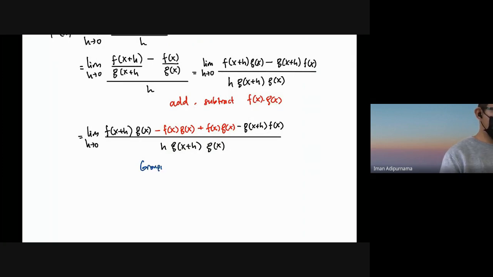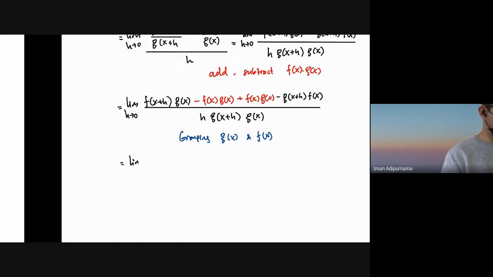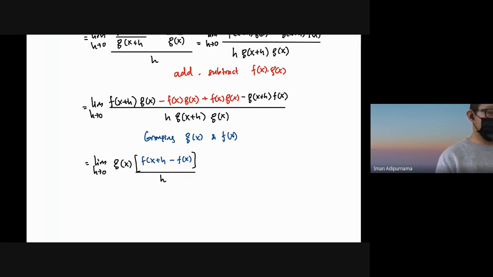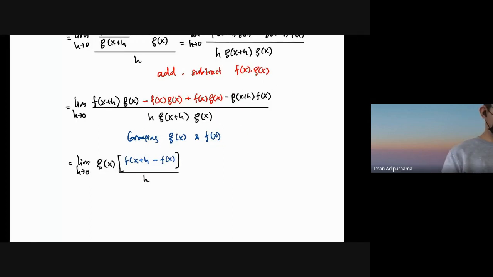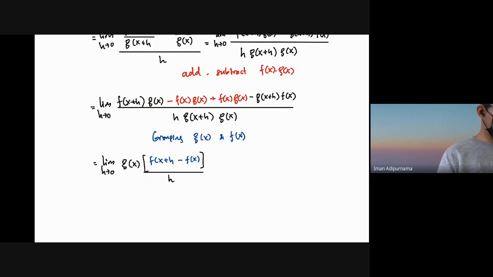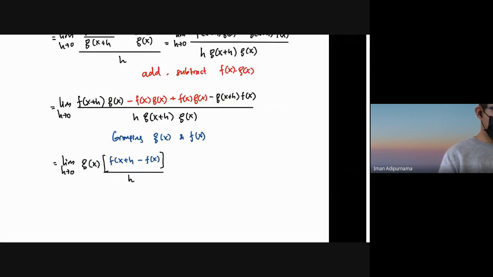And then grouping g of x and f of x. And you may notice that when you group this, let's say just this, you can see that this is the derivative. And then the other one is minus.